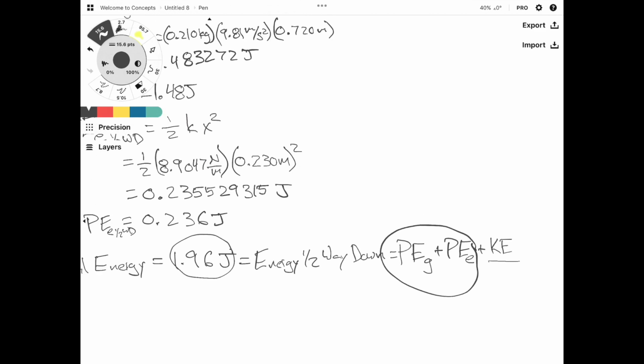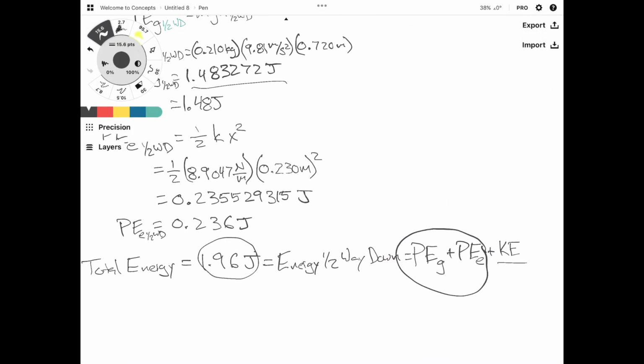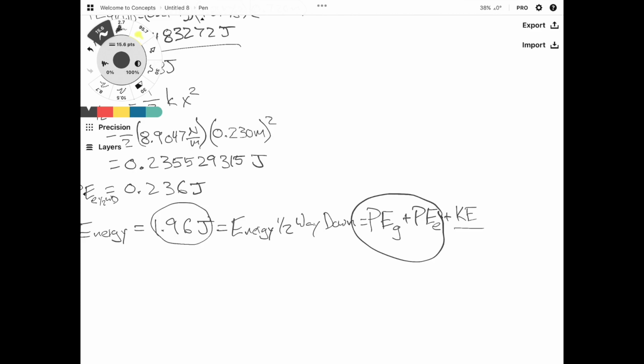The sum of 1.483272 and 0.235529315 is 1.71881315, plus my kinetic energy, and that's all equal to 1.96 joules.